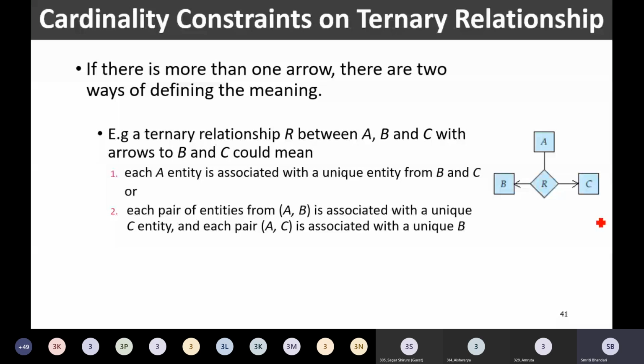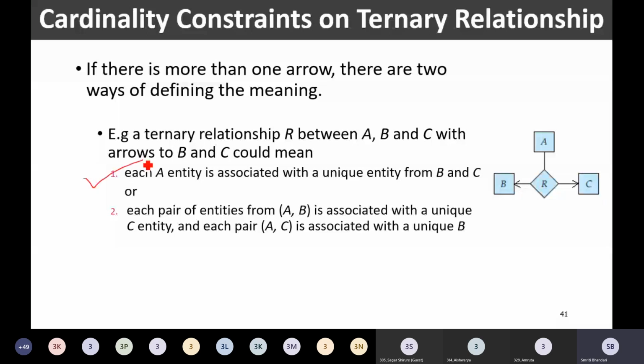The first interpretation is that an entity in A is associated with a unique entity from B and a unique entity from C. Here it is 1 towards B and 1 towards C. So A is associated with one unique entity from B and one unique entity from C. That is one interpretation.